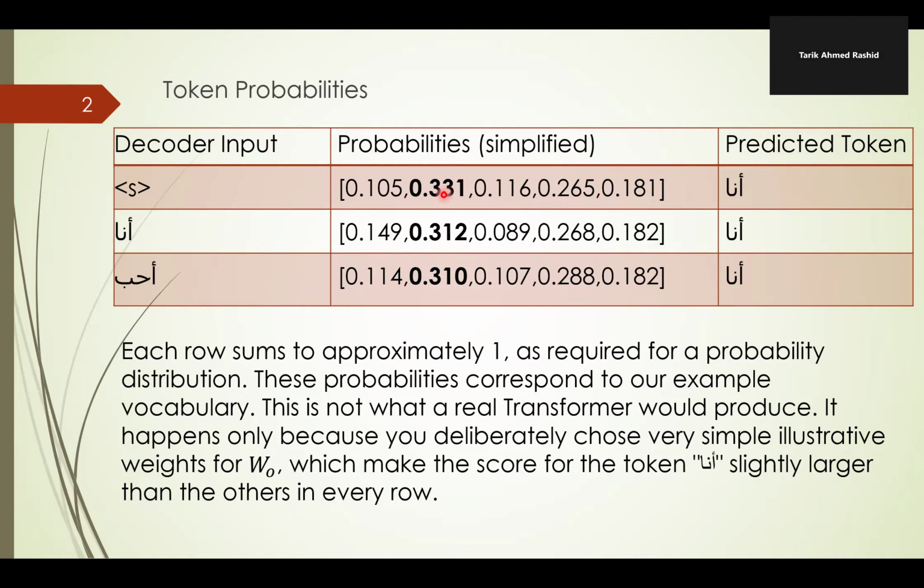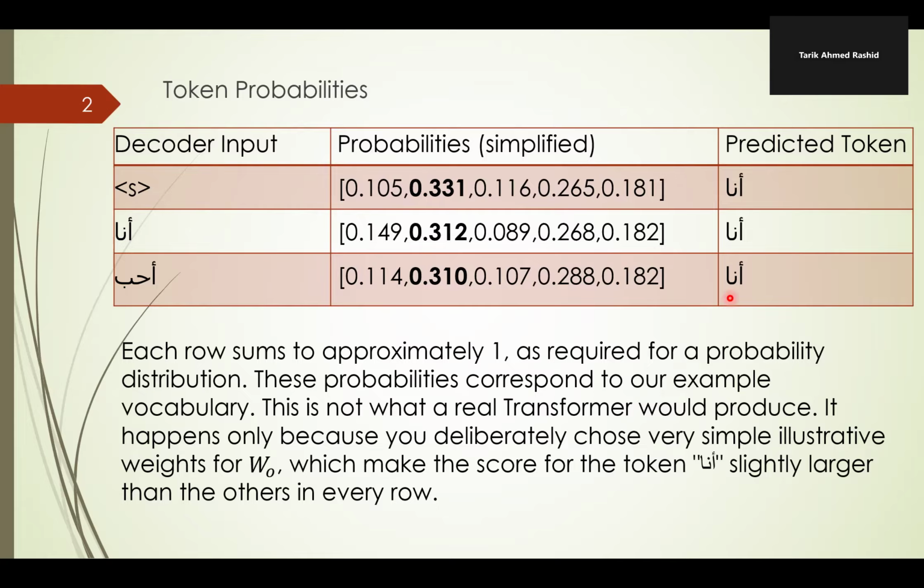You can see the bold one means that token ANA was predicted when we entered the S start token. We receive the ANA word predicted, and we receive the ANA word predicted again when we enter ANA. This is kind of wrong.